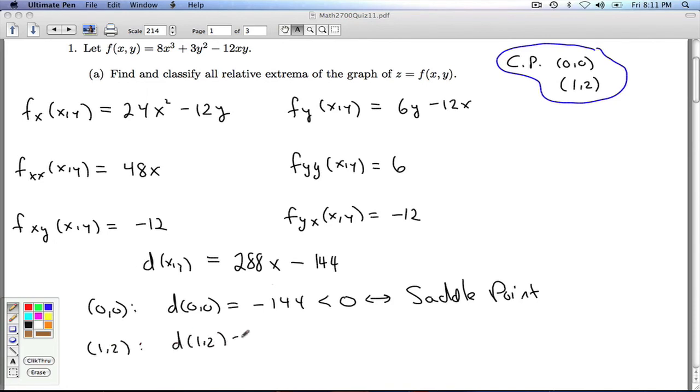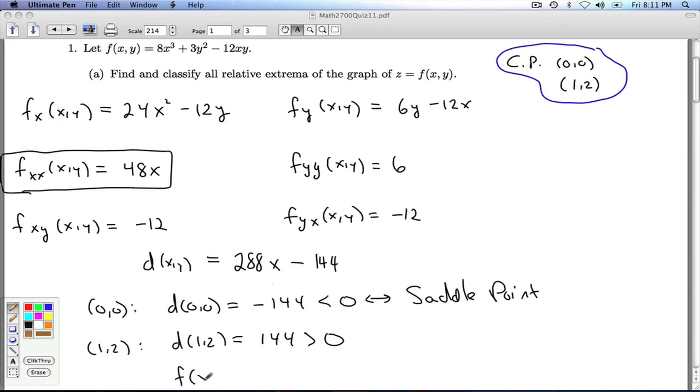Let's plug in the point (1, 2). D of (1, 2). Well, I plug in x equals 1. I get 288 minus 144. That's 144. And what's important about that? That's greater than 0. So since that's greater than 0, I now look at what's going on with fxx.